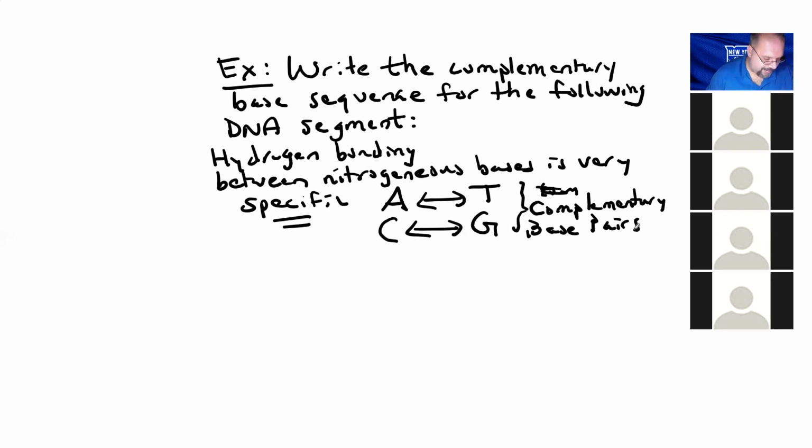So if you had the following DNA segment, and we'll use the one-letter abbreviations, ATA, GCCC, TTA, CTGG, got it all.